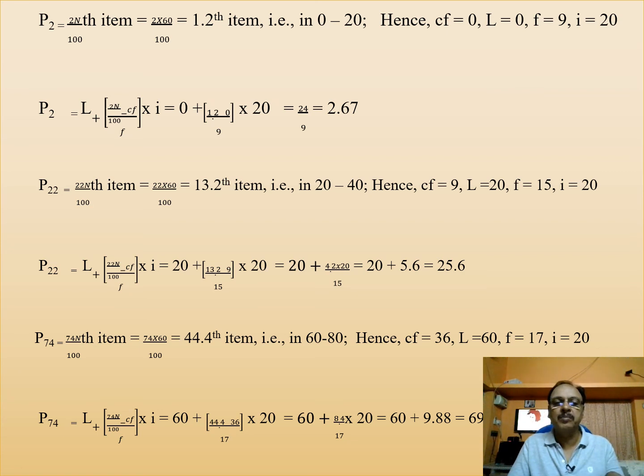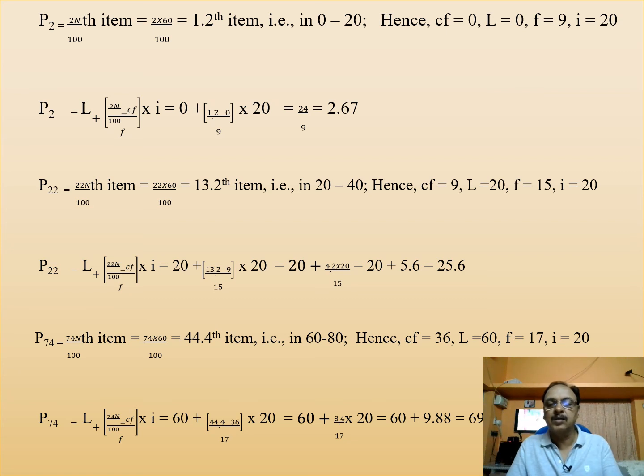Then P22 means 22n by 100th item, that is 13.2. That interval is 20 to 40. Thereby applying the formula, you will be getting 25.6. Then P74 means percentile 74. 74n by 100, that is 74 into 60 by 100, the 44.4th item.